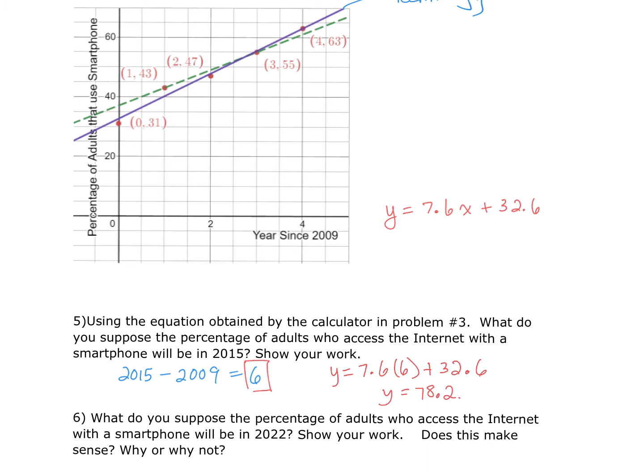To answer the question now, we would say that in 2015, we expect that 78.2% of adults will use a smartphone.